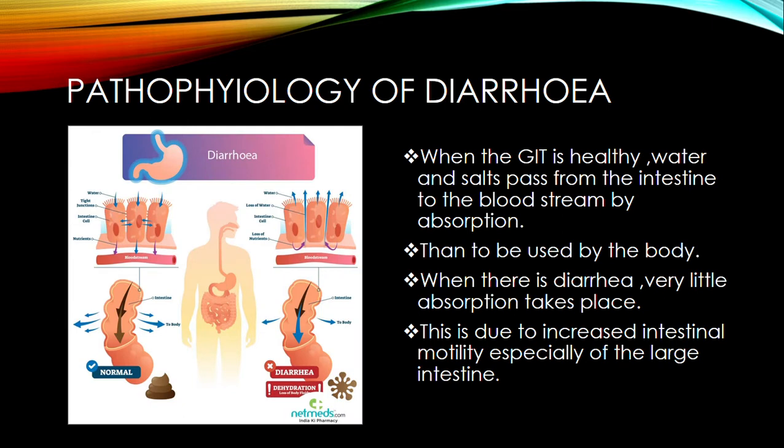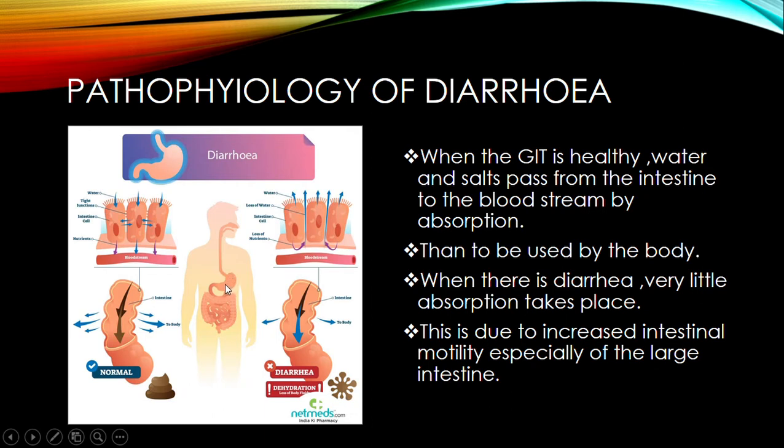So now let's look at the pathophysiology of acute gastroenteritis. As we can see from this picture, it affects the gastrointestinal tract. After ingestion of anything which is contaminated, maybe food or water, the microorganisms will move along the GIT and come into the stomach.